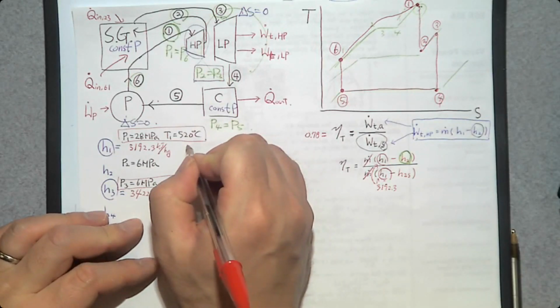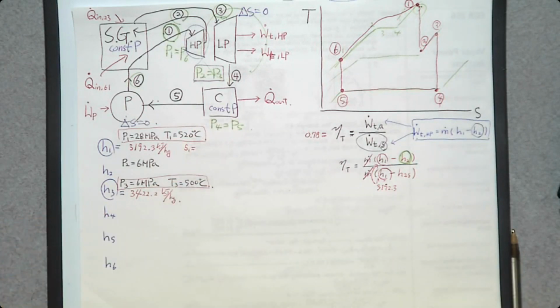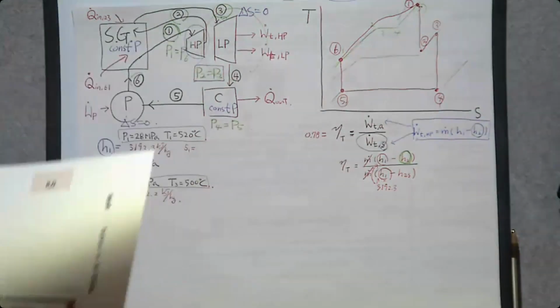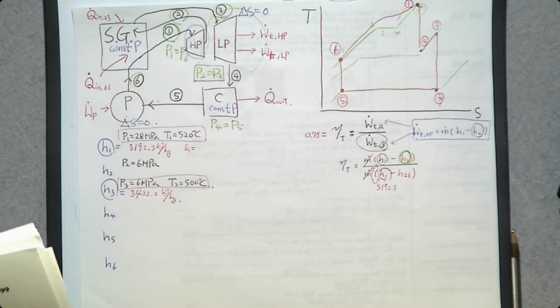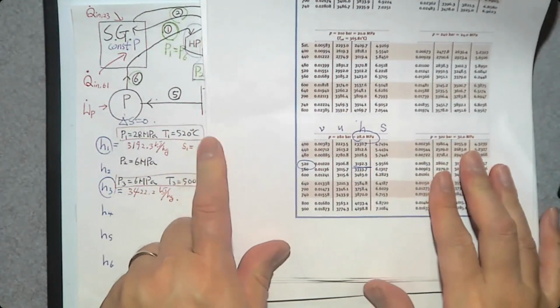The specific entropy at number 1 can be determined from this pressure and temperature. This is a superheated vapor. So let's go find 28 megapascal and 520 degrees Celsius.